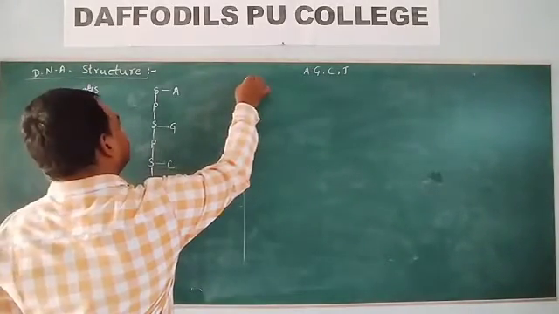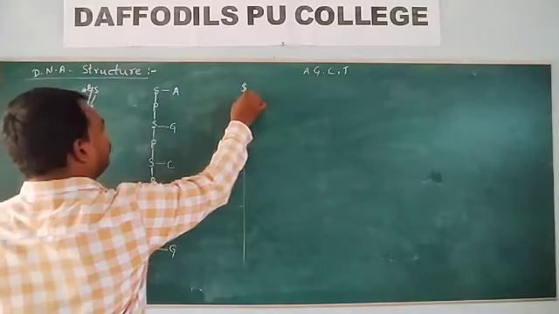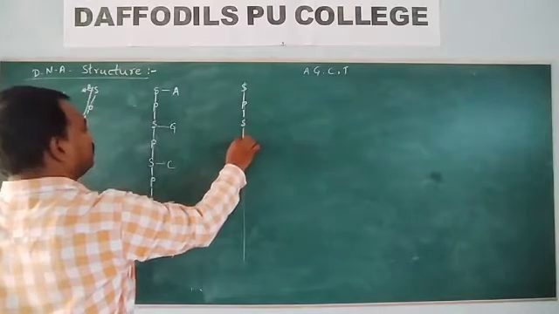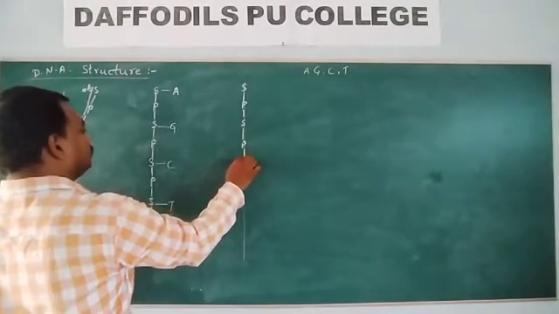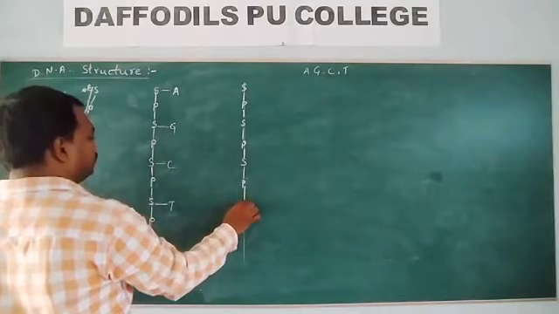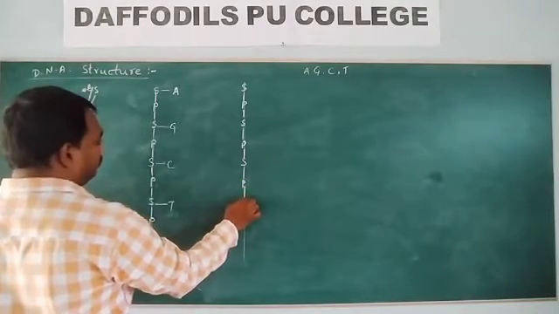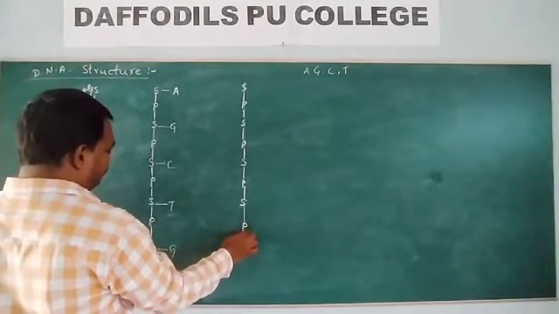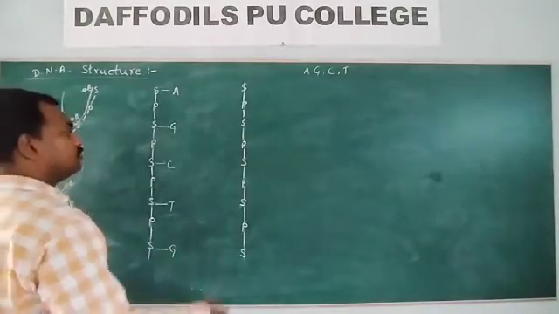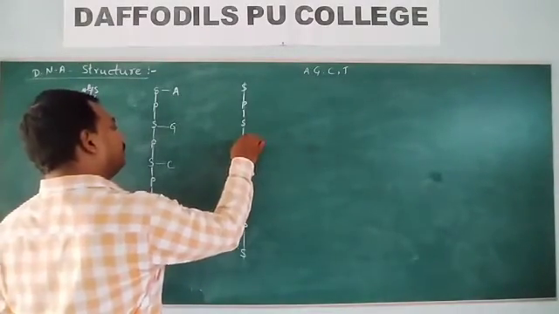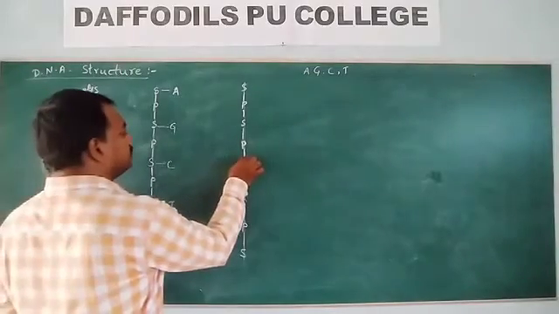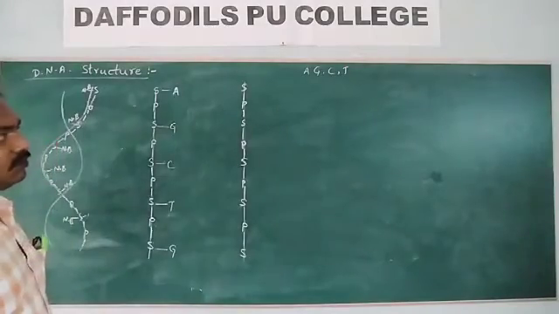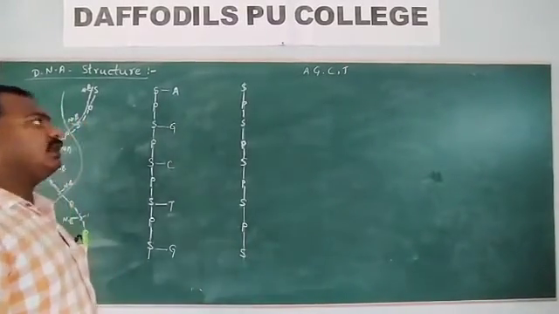So this is sugar moiety, bonded phosphate, sugar, phosphate group, sugar, phosphate group, and again sugar. So the backbone of DNA is made with nucleotides. This nucleotide is made of a sugar moiety, a phosphate group, and a nitrogen base.